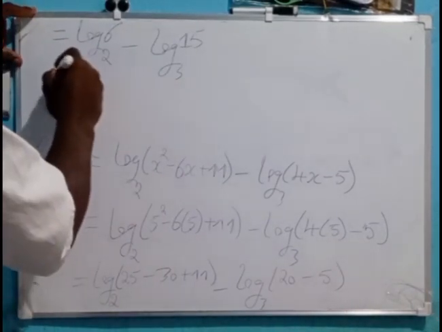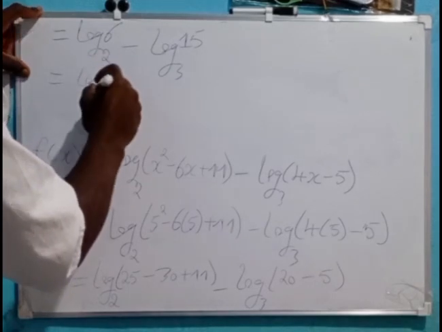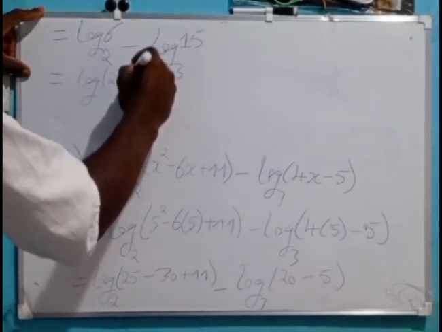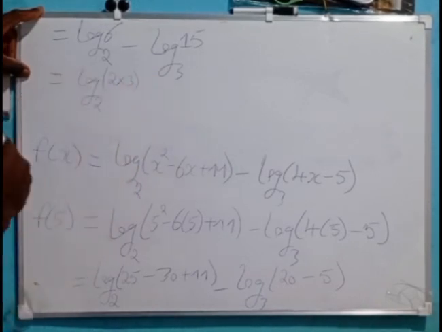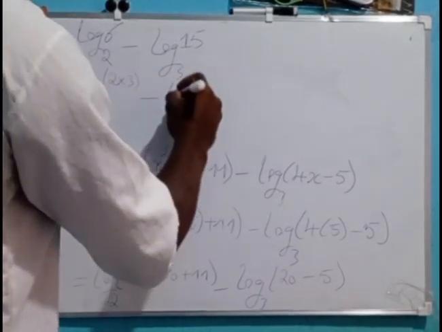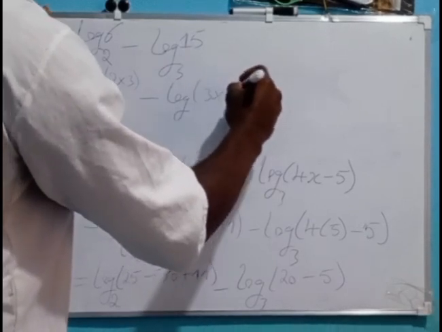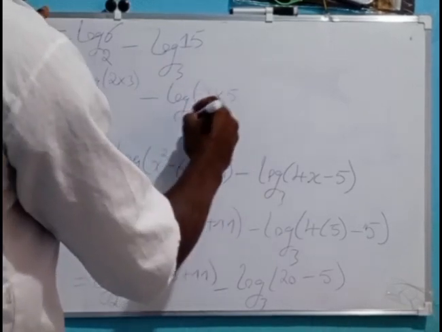This will be equal to the log of 6, which can be expressed as 2 times 3, base 2, minus the log of 15, which can be expressed as 3 times 5, base 3.